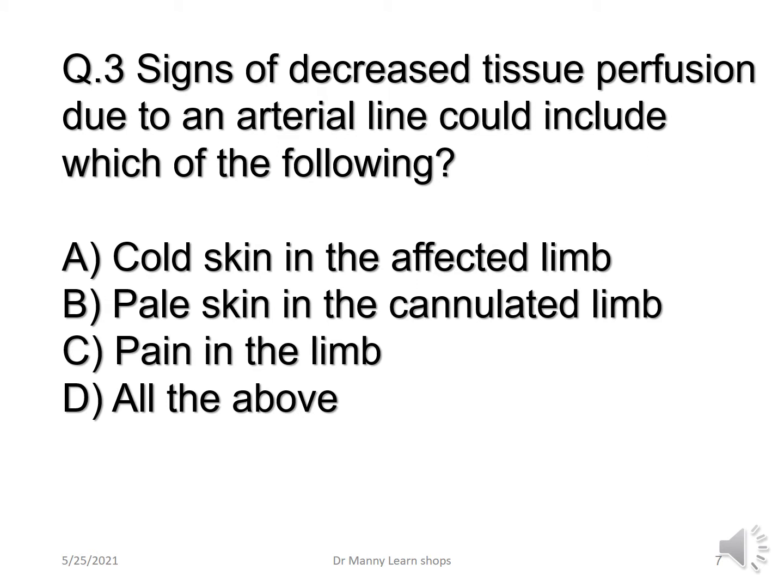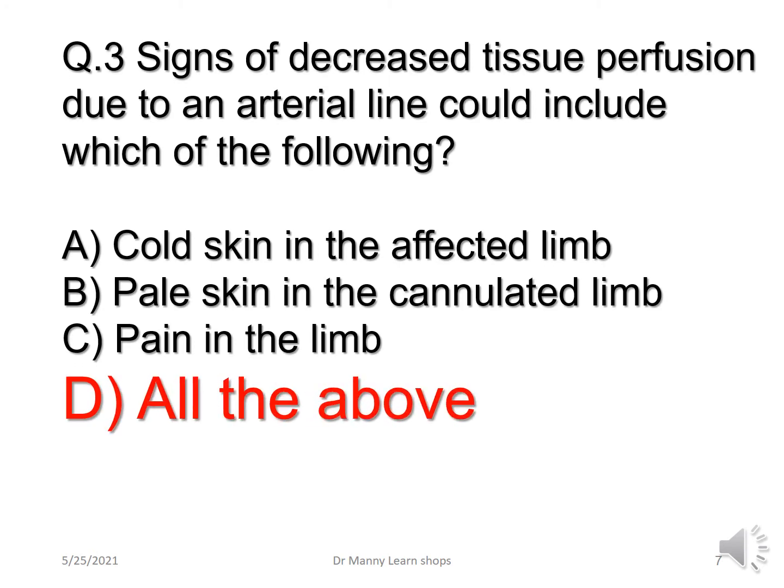What are some of the signs of decreased tissue perfusion during the arterial line? And they could include which of these following: A, cold skin to the affected limb; B, pale skin in the cannulated limb; C, pain in the limb; or is it all of the above? The correct answer is it's all of the above.